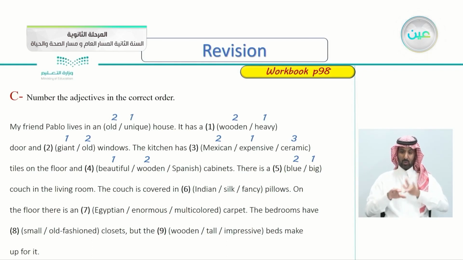The couch is covered in Indian silk fancy pillows. So Indian is a nationality, silk is a material, fancy is an opinion, and we are describing the pillows. So let's see the answer here.